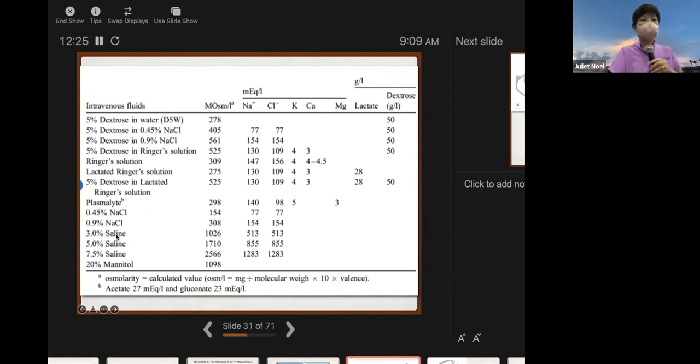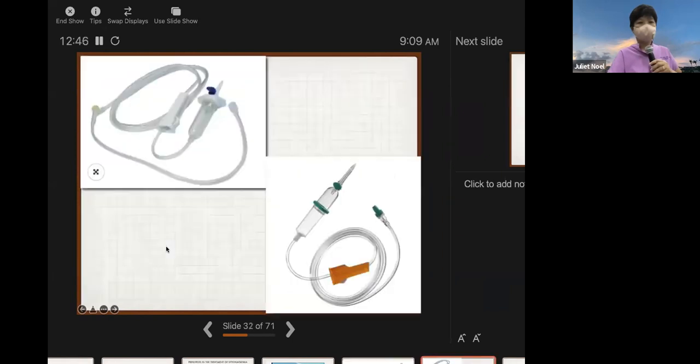3%: the pharmacists can also formulate some in the institution, but there's already a commercially available 3%. Mannitol is also a hypertonic solution. So be familiar with the IV set.